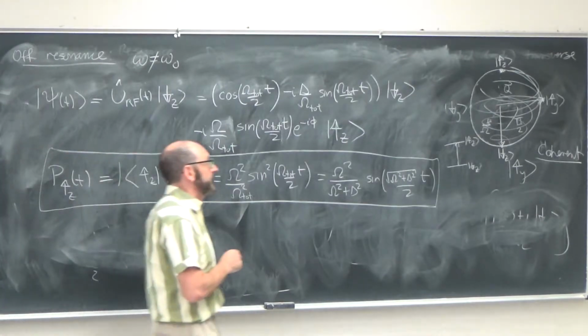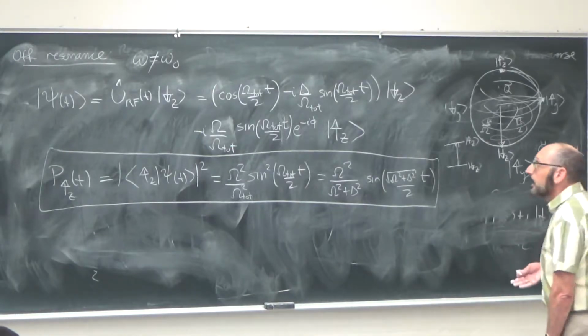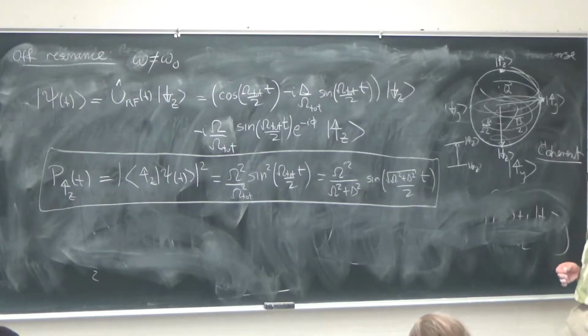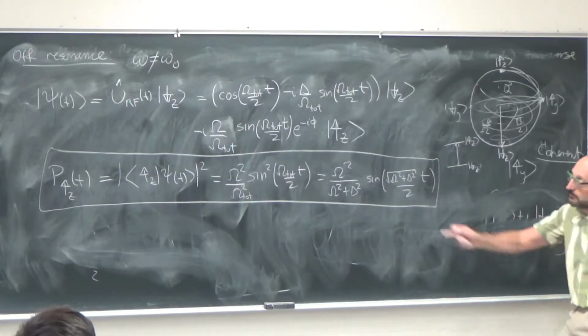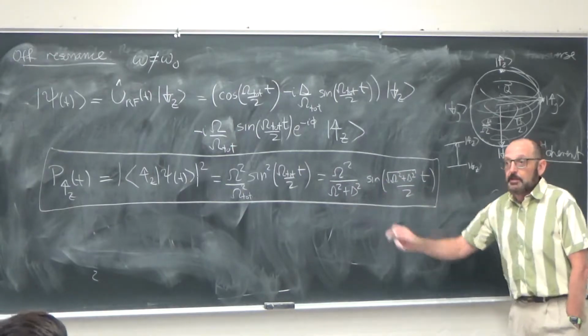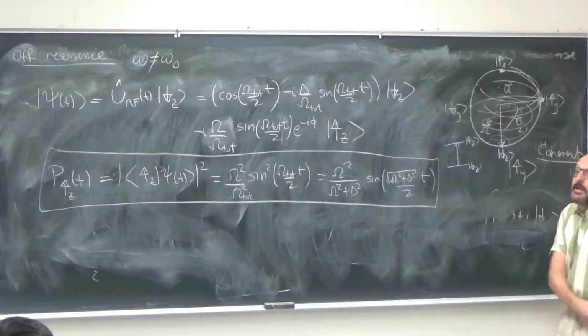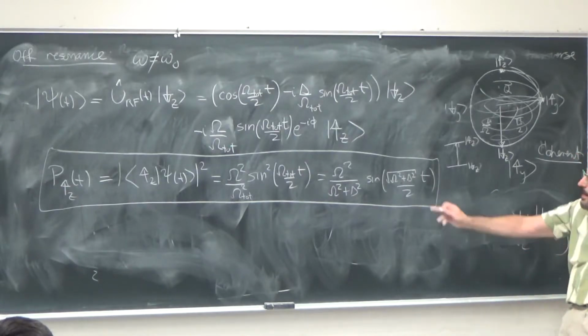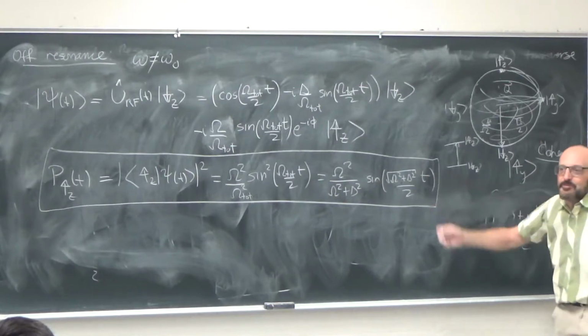Now, what do you notice about that? One thing to notice is that there is never, in this case, 100% probability for the spin to be up. What's the maximum probability for it to be up? It's this ratio. The second thing you notice is that the oscillation frequency is bigger, by an amount that depends on delta in this form.